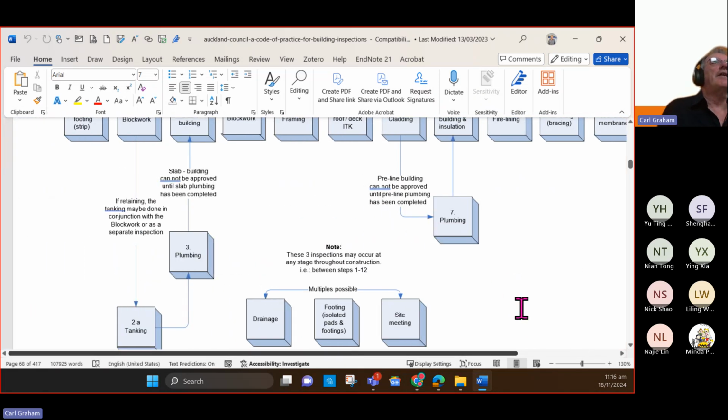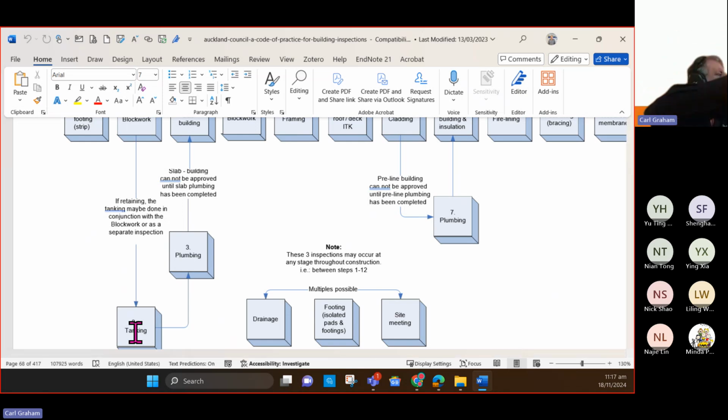Then there's these other types of inspections. Tanking, that's block work on a sub base of a building, or a retaining wall where you're going to build up against it. It's got a waterproofing and there's a whole process on that.